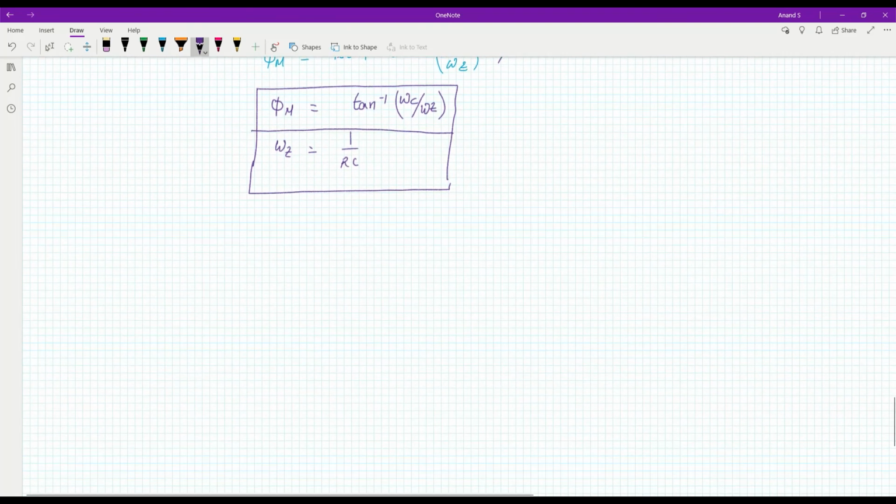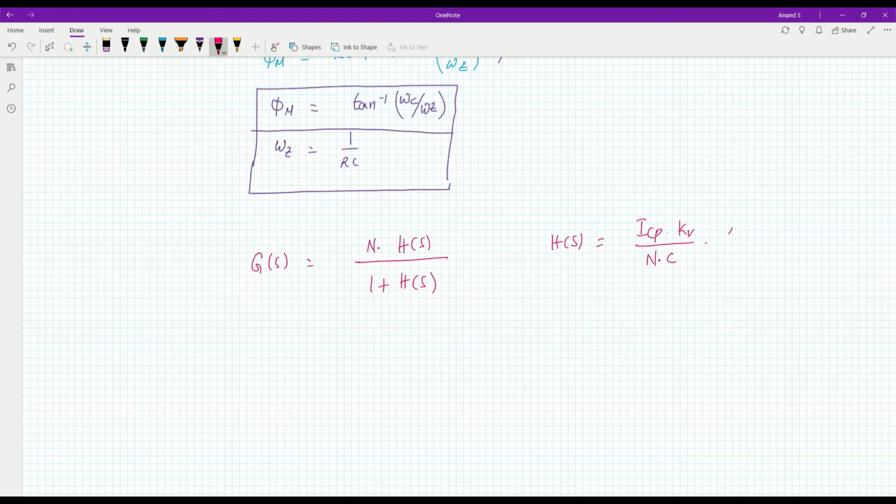So closed loop gain is given by G of s equal to N times H of s divided by 1 plus H of s. Here we know that H of s equal to ICP into Kvco divided by N into C into (s R C plus 1) over s square.